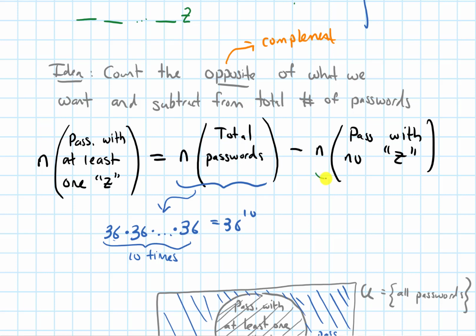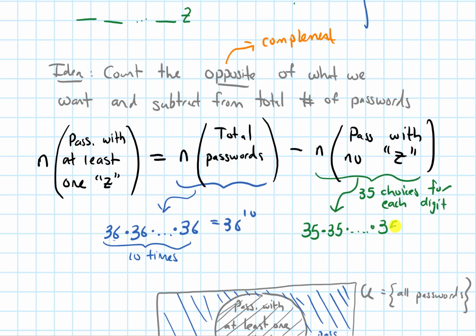All right, and now let's count the number of passwords that don't have a Z. Well, if they don't have a Z, that means we only have 35 choices for each character. And in that case, we'll have 35 choices for the first character times 35 choices for the second character. And I keep multiplying this until the last character, where I also have 35 choices. And again, this is 10 times because there are 10 characters in this password.